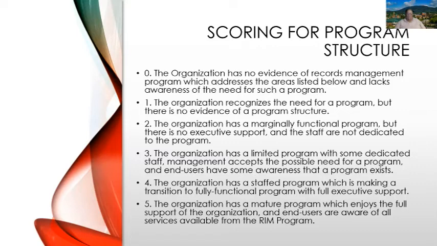Here's scoring for program structure. And again, it's similar. It starts out at the level of there's no evidence that they're doing anything, and they don't seem to be aware. I sort of went back and forth a little about which should be 1 and 0. 1 currently says they're kind of aware but still not doing anything, and for 0, it's sort of like you don't know what you don't know.